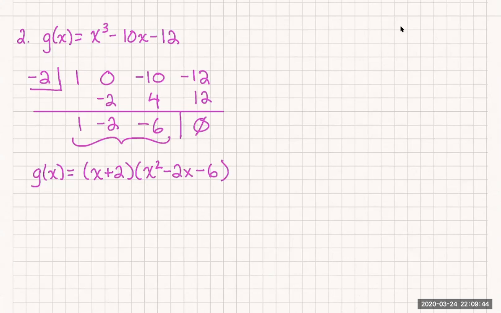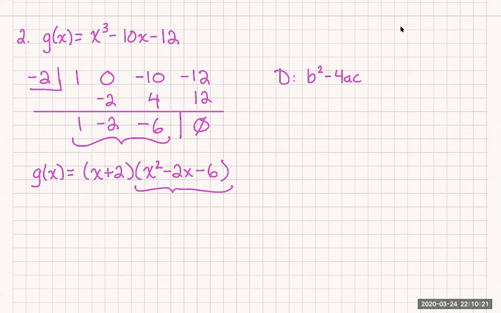Now, this is the place where things get kind of hairy. My question is, can this be further factored? Well, I can sit there and try to figure out whether there are numbers that are factors of 6, or multiply to give me -6, but add to give me -2. Or I can use the discriminant, looking for either a negative discriminant or a positive discriminant that is not a perfect square.